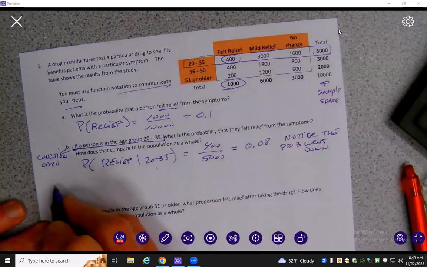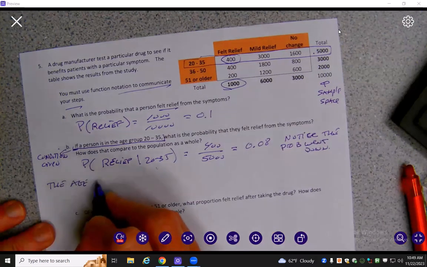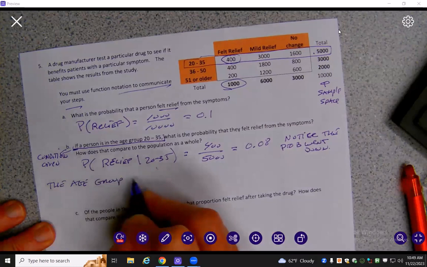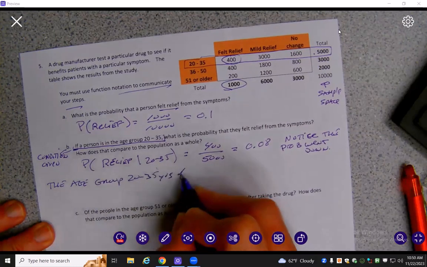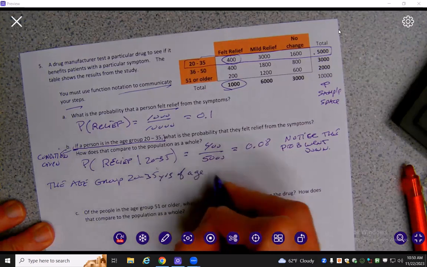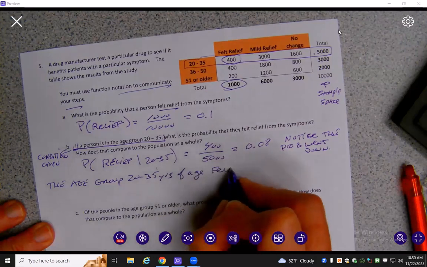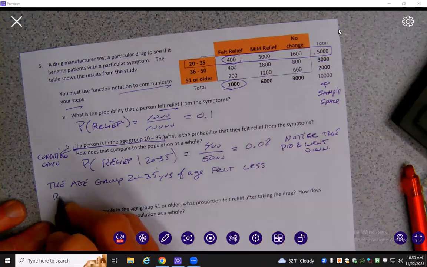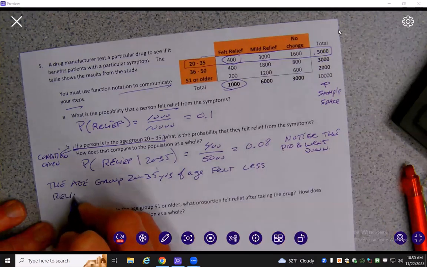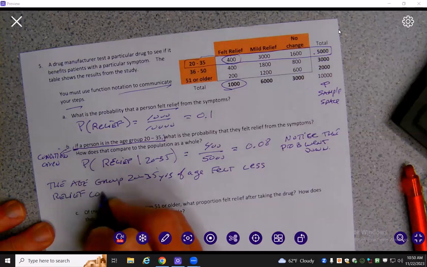So basically, the age group 20 to 35 years of age had less relief compared to the population.